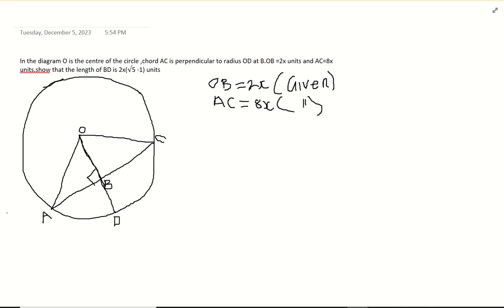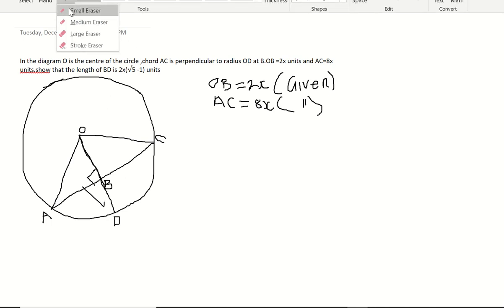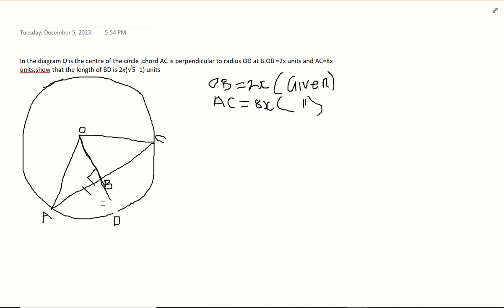Then it will mean that AB will be equal to BC because of the converse of theorem 1.